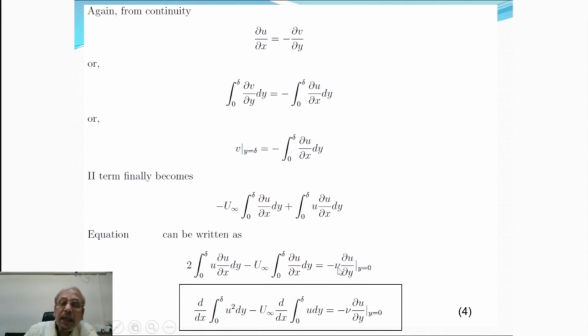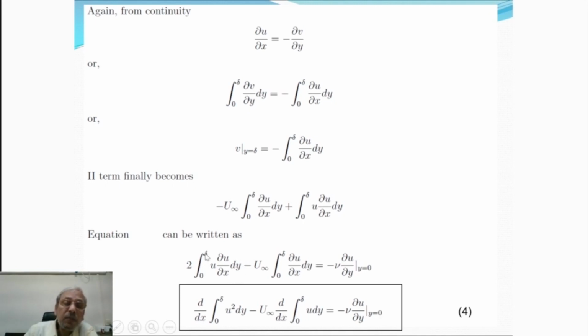But we are writing nu ∂u/∂y at y equal to 0. So this equation we can rewrite as d/dx of integral 0 to delta u square dy from here minus u infinity, again d/dx integration 0 to delta u dy, equal to minus nu ∂u/∂y at y equal to 0.